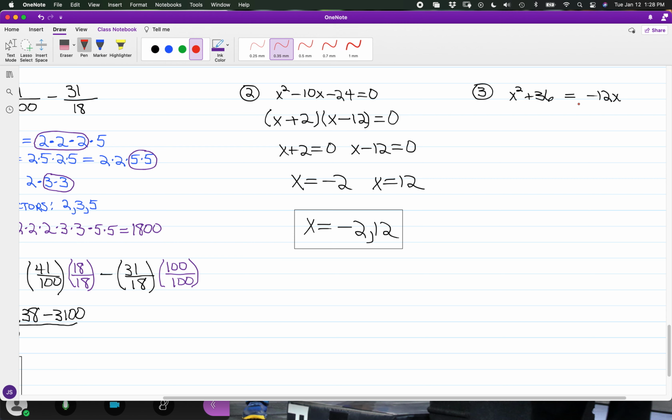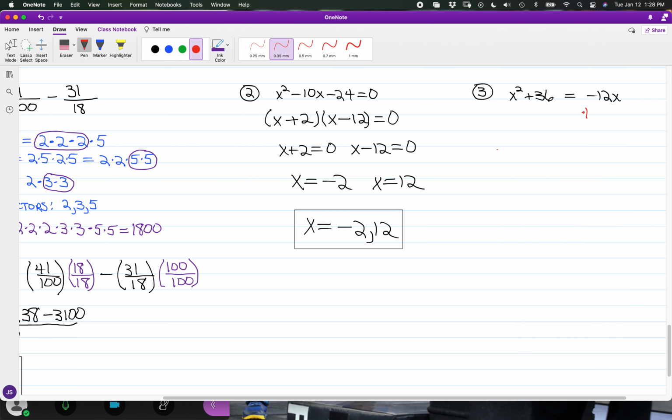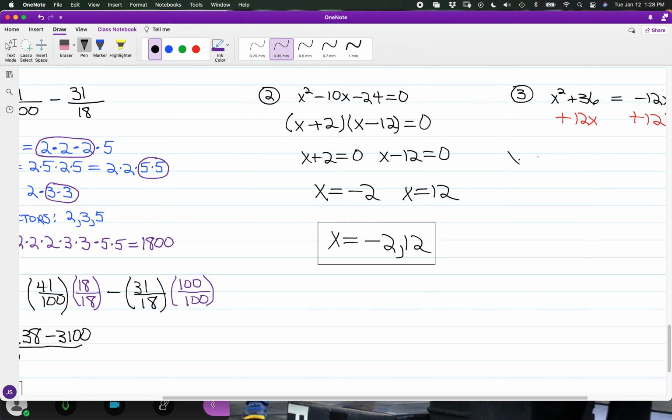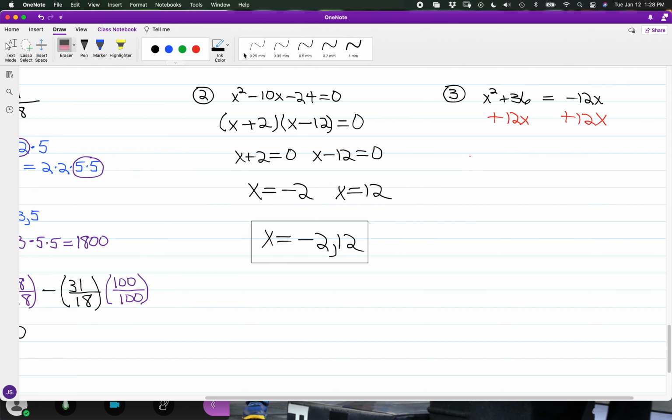Okay, since we have negative 12x over to the right, and if I move the 12x over by adding, so looking at what we have here, we have x squared plus 12x plus 36 is equal to 0.